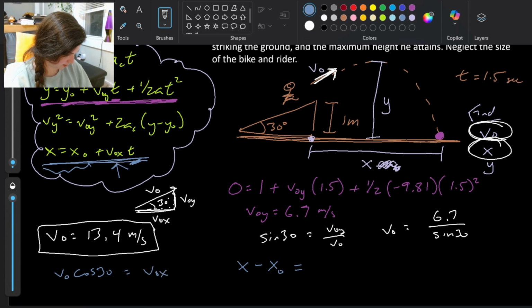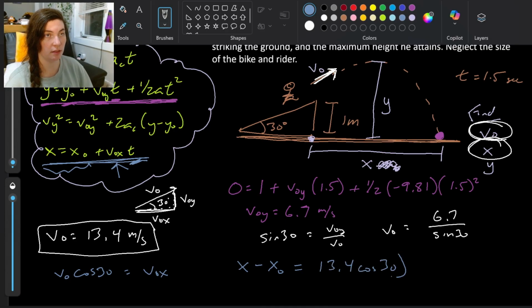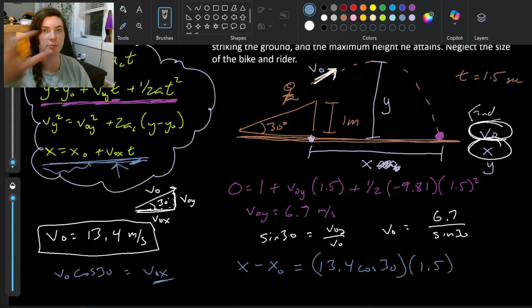I don't know if I typed that into my calculator. I don't think I did. I think I just left it as 13.4 cosine 30. That's V naught x times time, the total time it takes, so that we're capturing that total x distance.